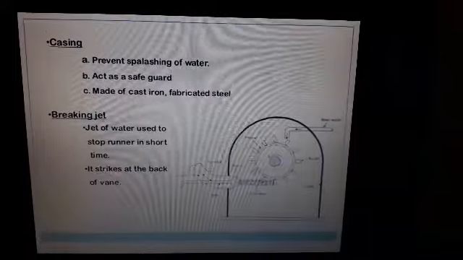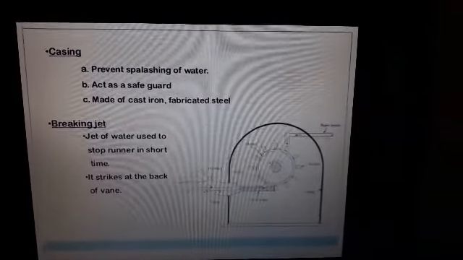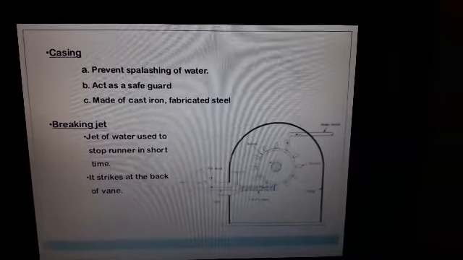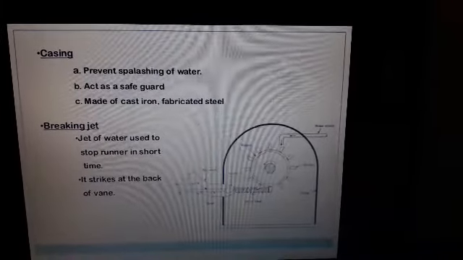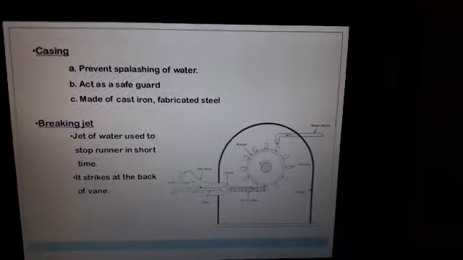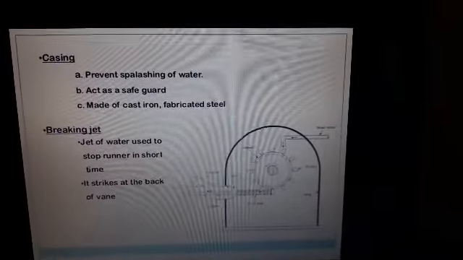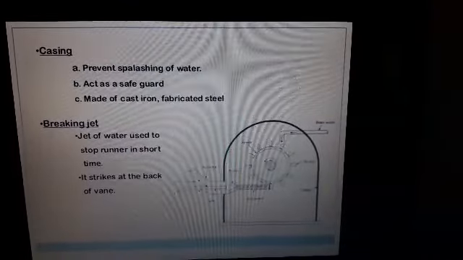The next important component is the braking jet. Whenever we stop the supply of water from the dam, we cut off the water supply to the turbine. Due to inertia, the rotor of the turbine continues to rotate for some time.